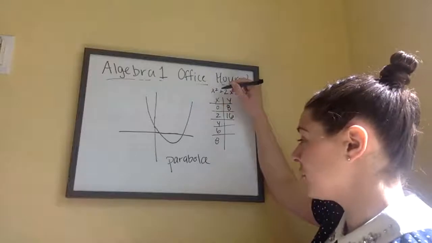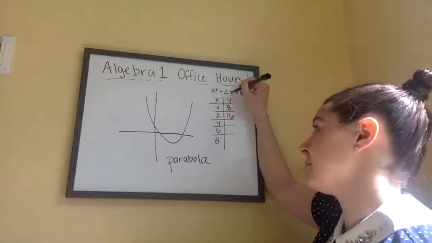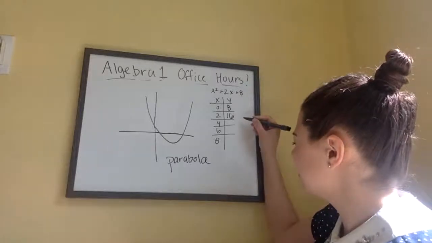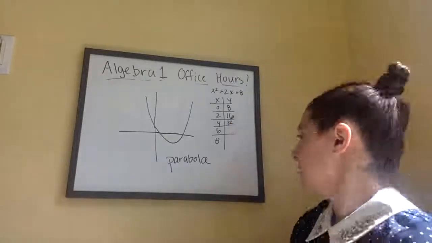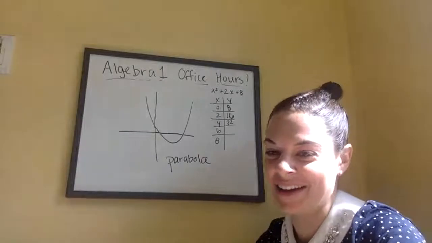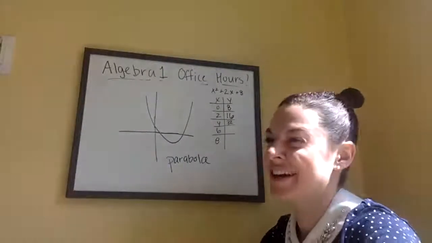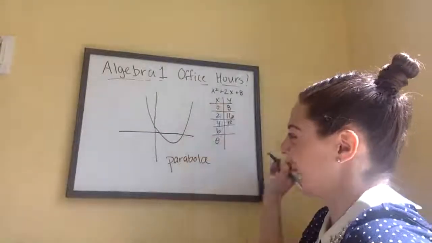If I plug in 4, 4 squared is 16, plus 2 times 4, which is 8, so 24, plus 8 is 32. Well, it's getting a little too high for me to calculate that. And yeah, it does kind of sound like nebula, but parabola is how you'd say that graph, that curve.